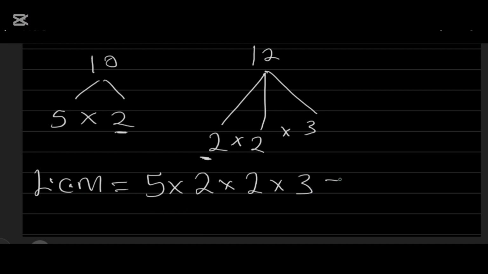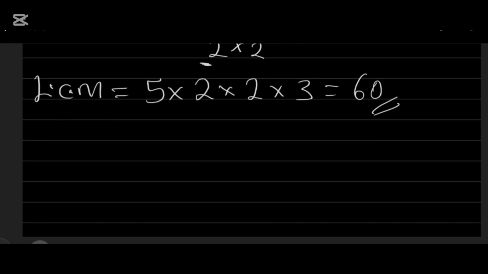So we simplify: 5 times 2 times 2 times 3. 5 times 2 is 10. 2 times 3 is 6, which means the total answer is 60. So our LCM is 60 here. This is how to find the LCM between two numbers.